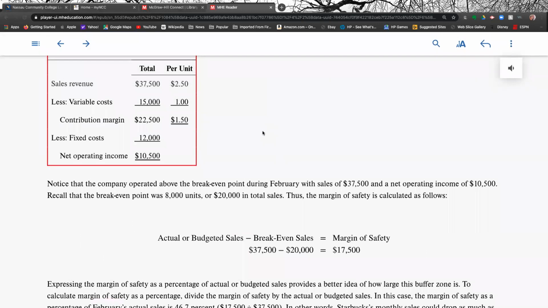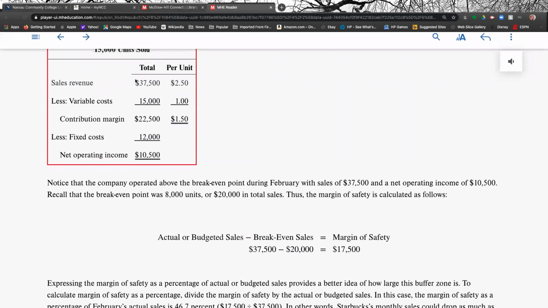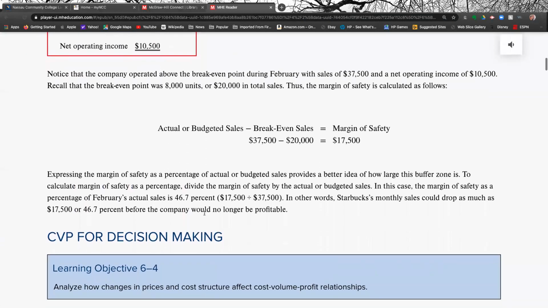In this particular example, the Starbucks example, if the actual sales were $37,500 and the break-even sales were $20,000, which we computed earlier, the margin of safety is $17,500.